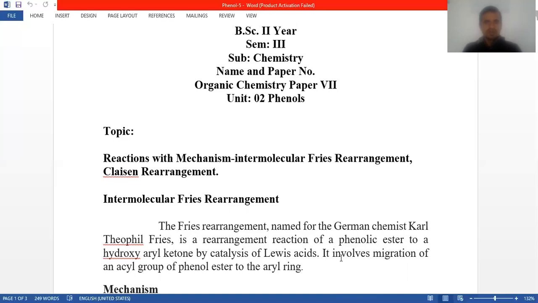So what is this intermolecular Fries rearrangement? This Fries is a rearrangement reaction of the phenolic esters to a hydroxyaryl ketone by catalysis of Lewis acids. It involves migration of the acyl group of the phenol ester to the aryl ring.